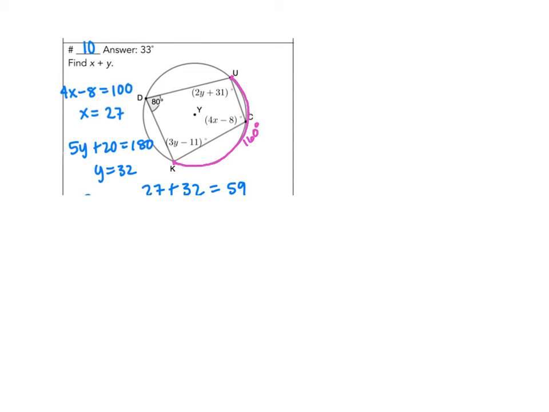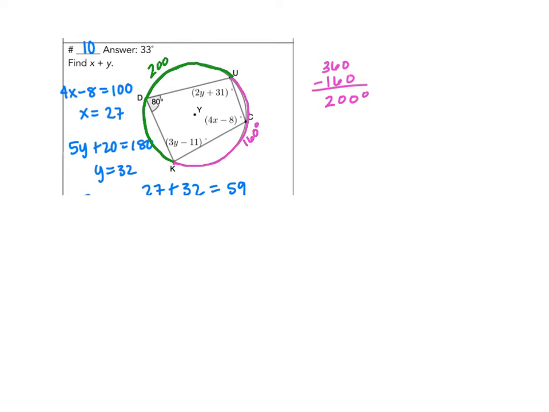Now we know that there's 360 degrees in a circle. So if we take 360 and subtract from it that 160, we're left with 200 degrees. And that's the rest of the circle, right? So if I go from K in the other direction and come around and meet U the other way, what I've outlined in green, that has to be 200, okay?